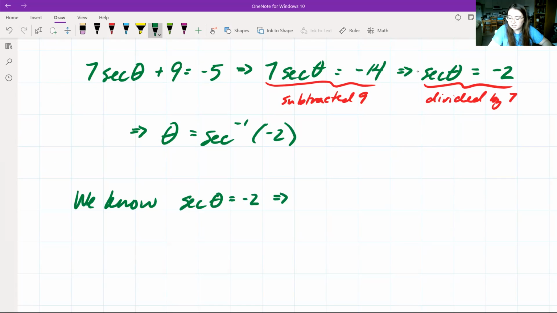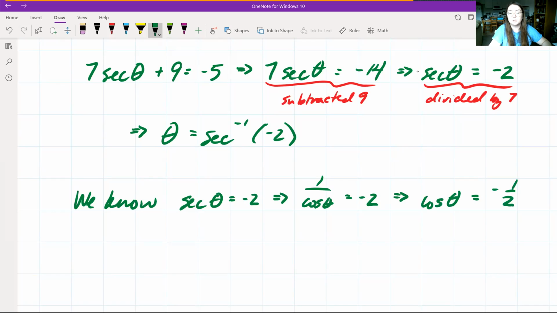Secant of theta is the same thing as 1 over cosine of theta, which we're saying is equal to negative 2. Then if we want to solve for cosine of theta, just like before, we take the reciprocal of both sides. This gives us cosine of theta is equal to negative 1/2. So once again, now we just have a much simpler trigonometric expression to solve.